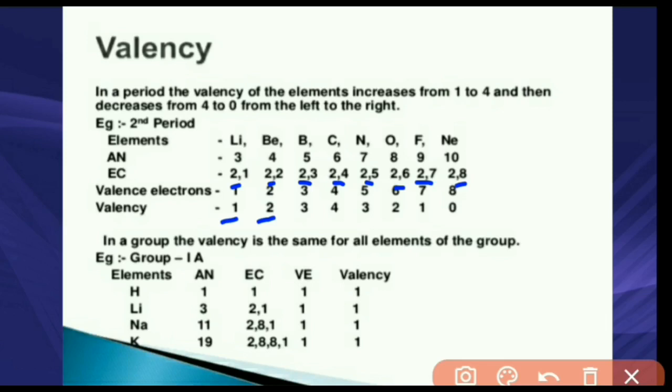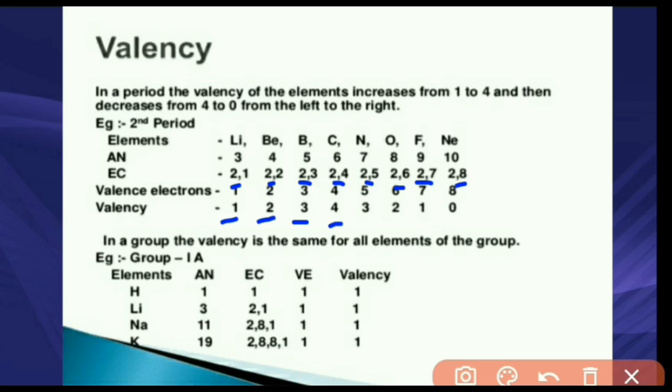In boron, the valence electron count is 3 and it can lose 3 electrons and gain a stable configuration. Then carbon has 4 valence electrons and it is very difficult to lose 4 electrons from the valence shell, so it cannot lose or gain electrons.